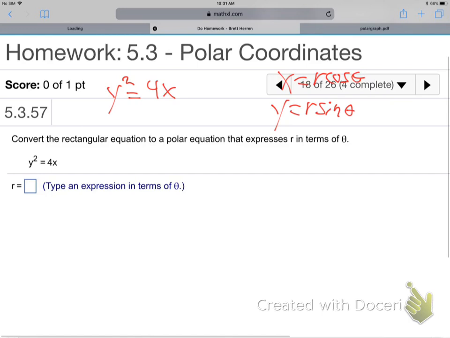Yeah, exactly. So it'll be r squared sine squared, and the other side will be r cosine. And then they want you to get r alone, so same kind of thing, right? You got to get them on the same side, factor out the r. Same kind of thing we did last time.